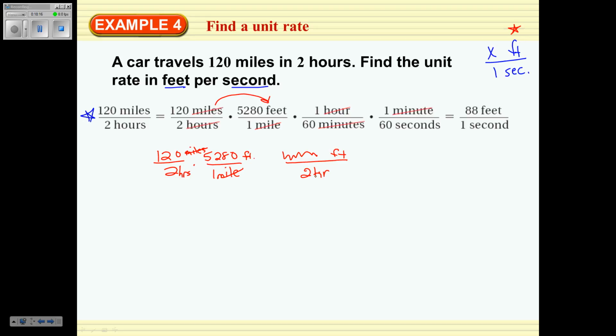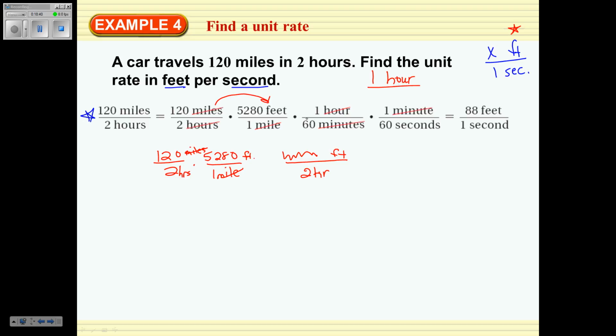But now we want to get our hours to seconds. Okay? So in 1 hour, there are how many minutes? Let's start small. Let's go from hours to minutes. And then in 1 minute, there's how many seconds? Now, if you wanted to make it easy and do just one step, you could do 1 hour, and then you could do 60 minutes times 60 seconds.